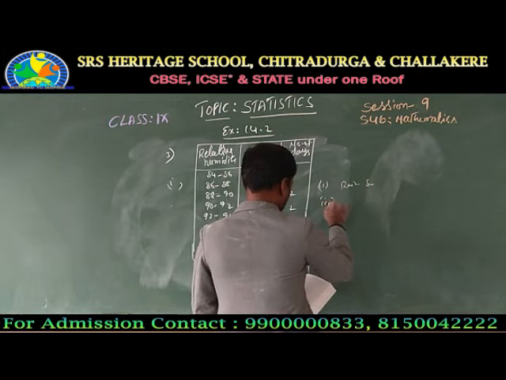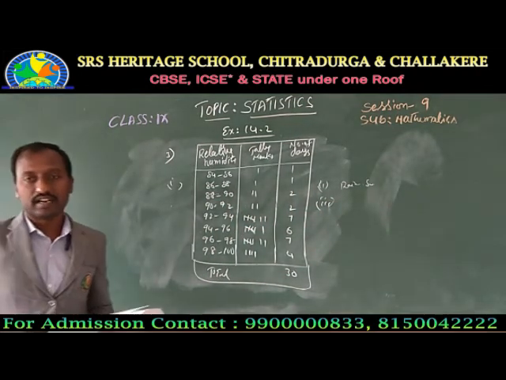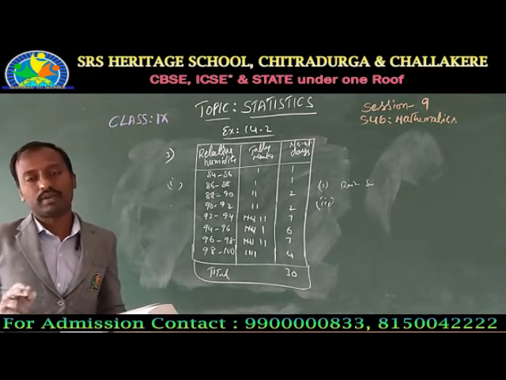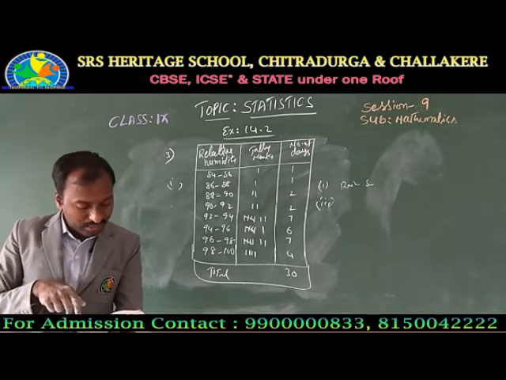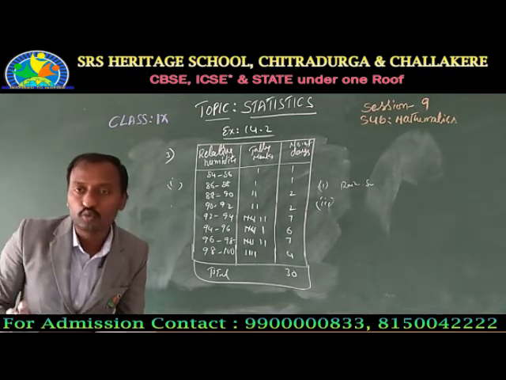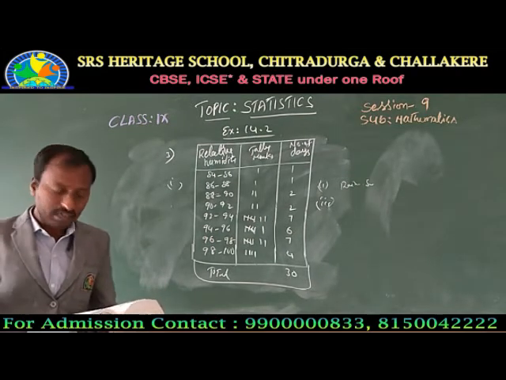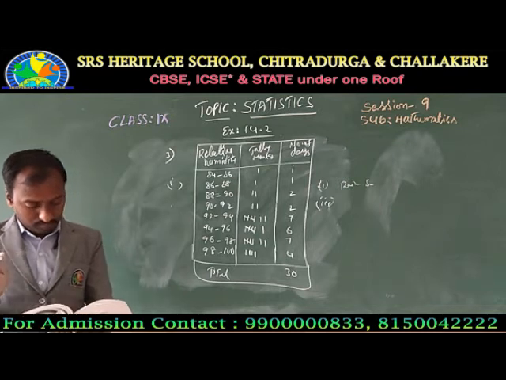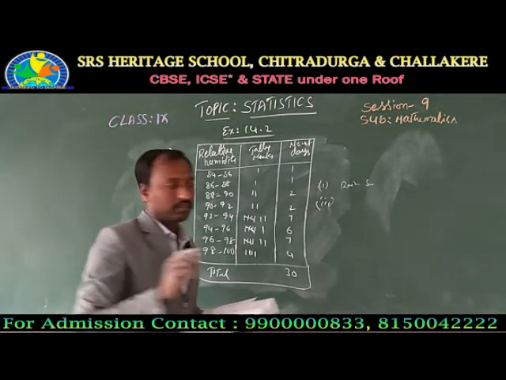And the third one: what is the range of this data? Range means maximum number minus least number. What is the maximum humidity here? 99.2. 99.2 is the maximum, and the minimum is here, 84.9.